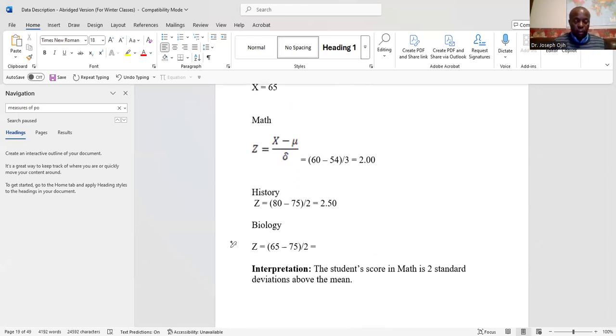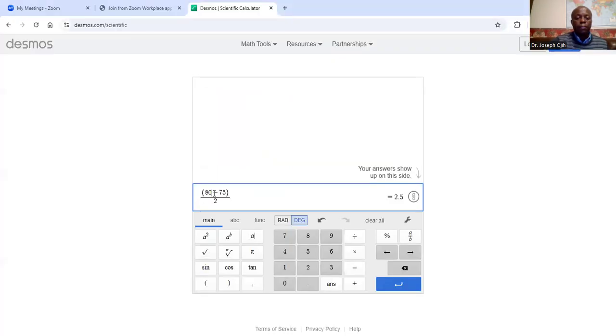So we have 65 minus 75 over 2. Going to our calculator, we have 65 minus 75 to get negative 5.0.